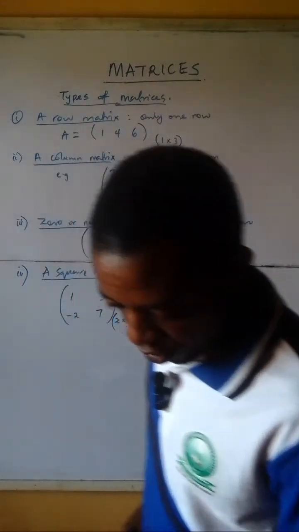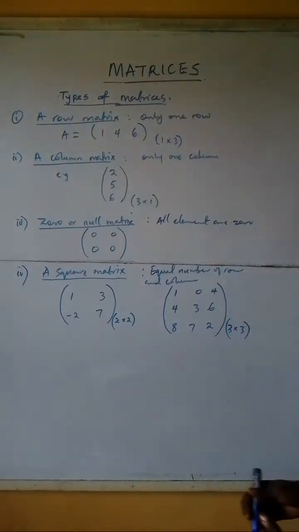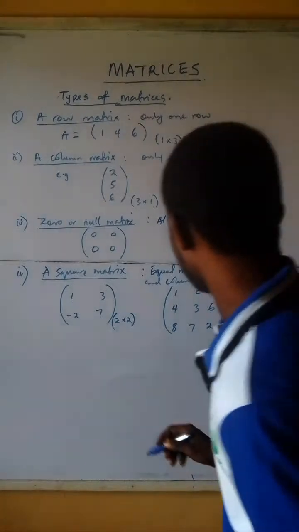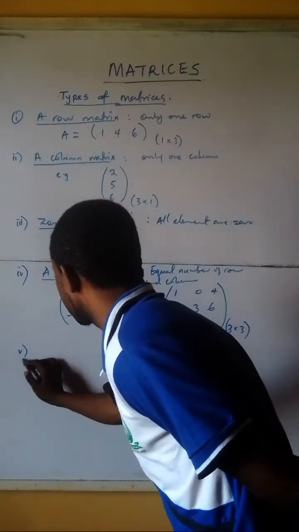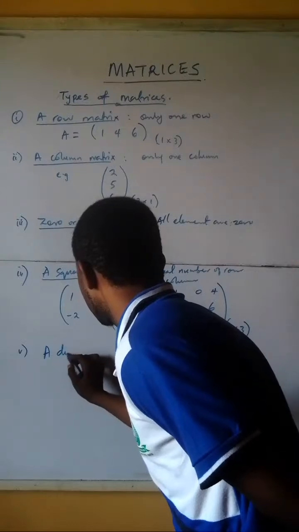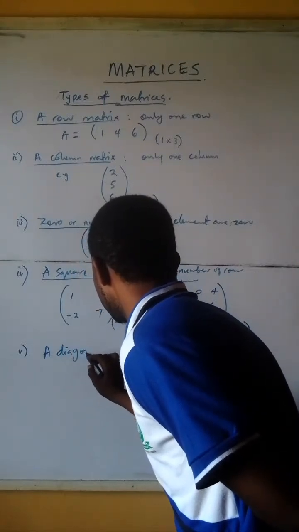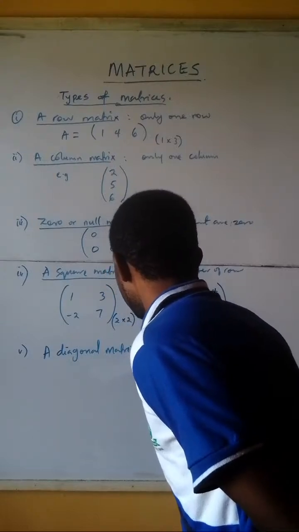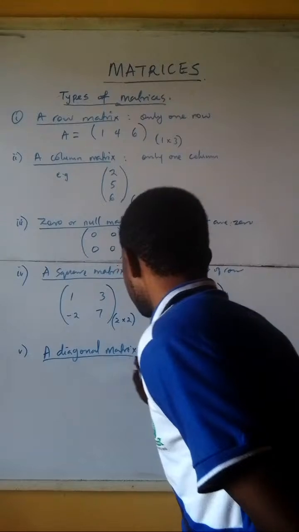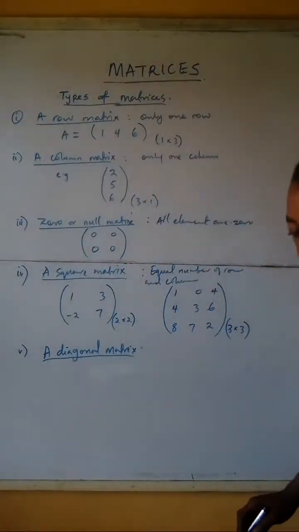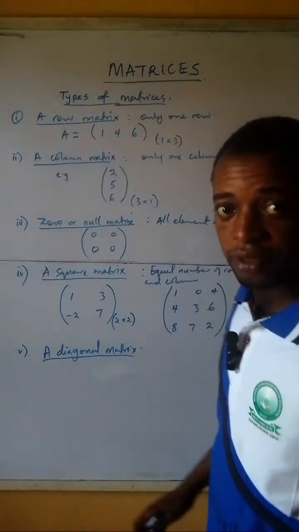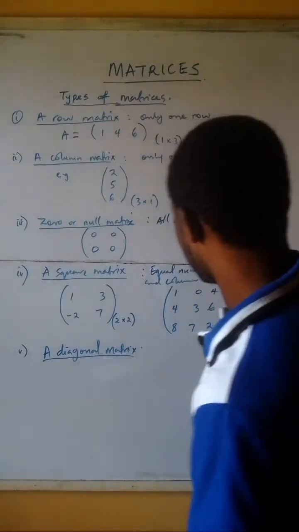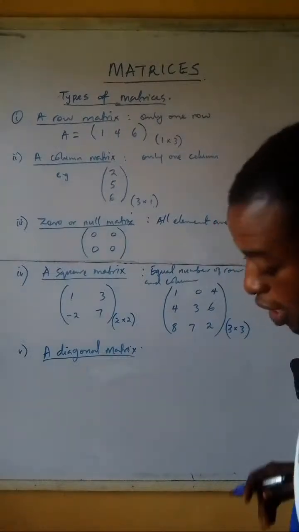Then we have another one too, a diagonal matrix. That's the 5th one. This type of matrix has elements only on the diagonal. That is, all other elements are 0 except the ones on the diagonal, the leading diagonal.